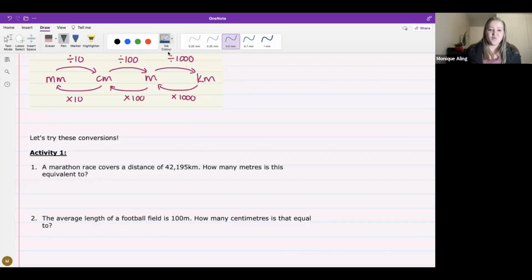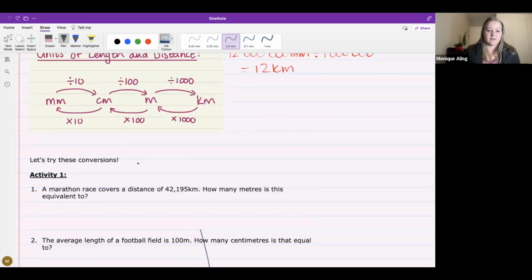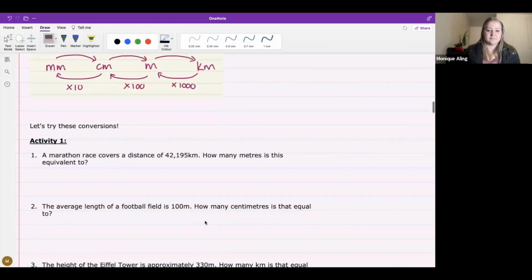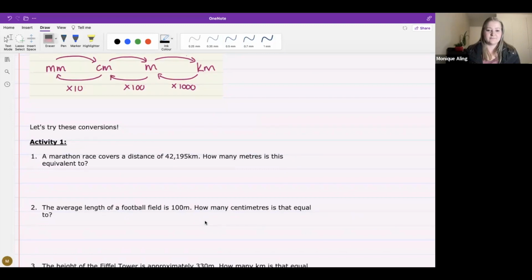Okay, guys, question 1. A marathon race covers a distance of 42,195 kilometers. How many meters is this equivalent to, and what did we get? Nice.